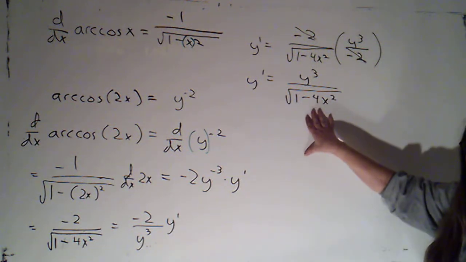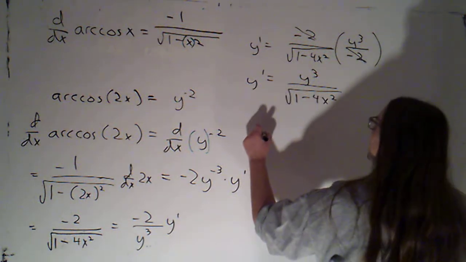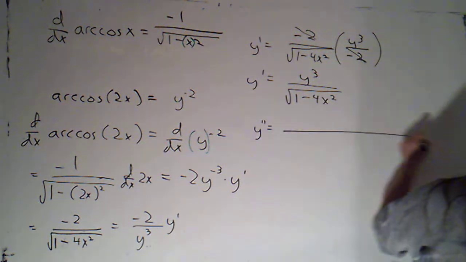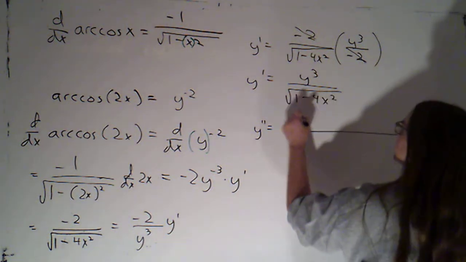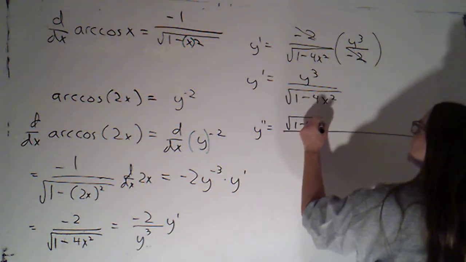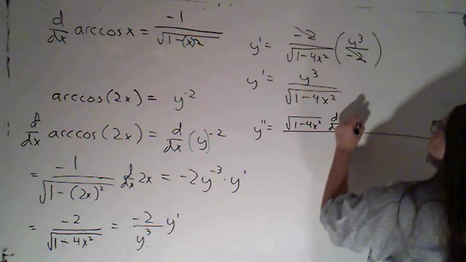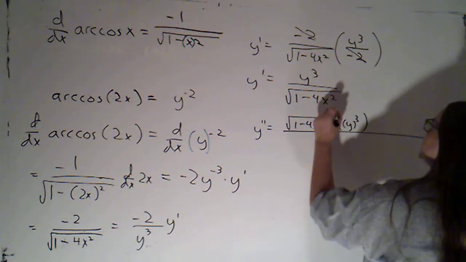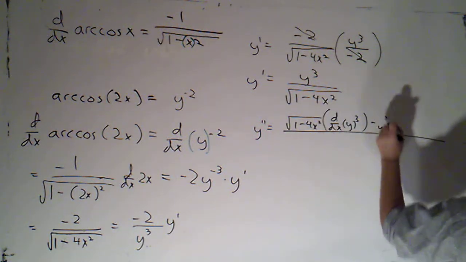We were asked to find y double prime. Okay, so y double prime looks like that's going to be quotient rule. Low is the square root of 1 minus 4x squared. D high will be the derivative with respect to x of y cubed. Minus high, that's y cubed.